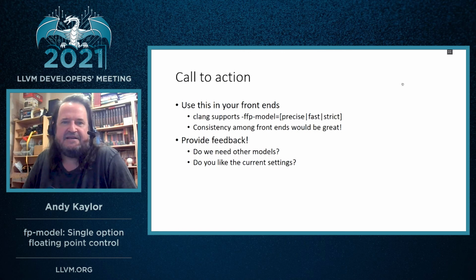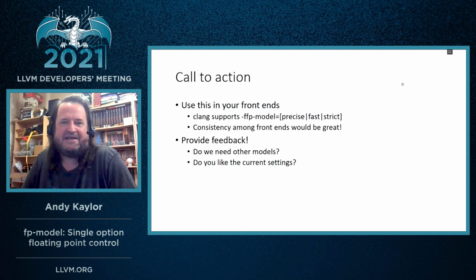Finally, I have my call to action for this. As I said, Clang currently supports the FP model option, but consistency across languages would be great for people who use more than one compiler and more than one programming language. So if you are involved with another front end, I would encourage you to implement this and provide support for this.